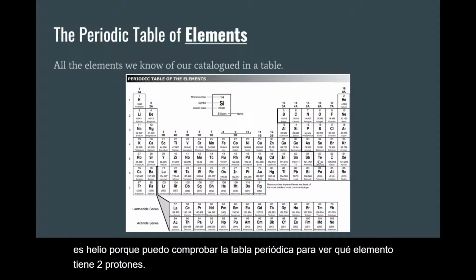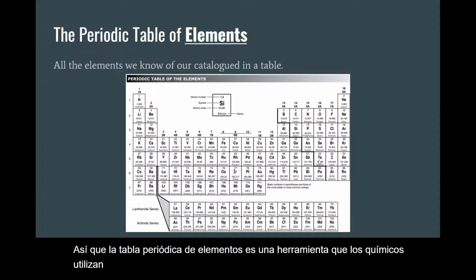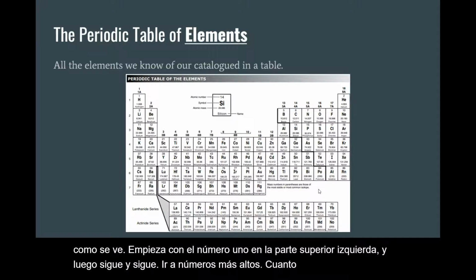So the periodic table of elements is a tool that chemists use to be able to get information about different atoms. And this is what it looks like. It starts with number 1 all the way in the top left, and then it goes on and on, going to higher numbers the further down I go, and the more to the right I go.